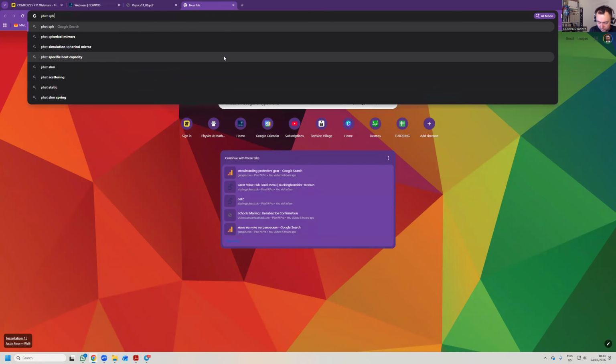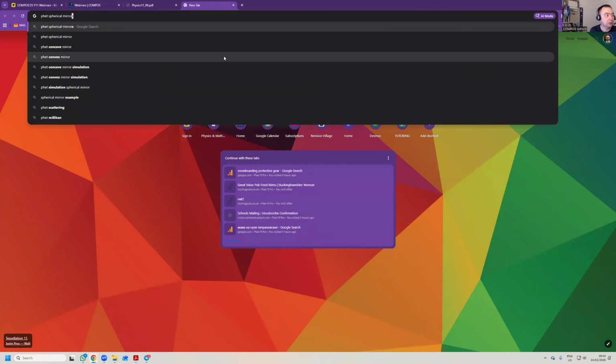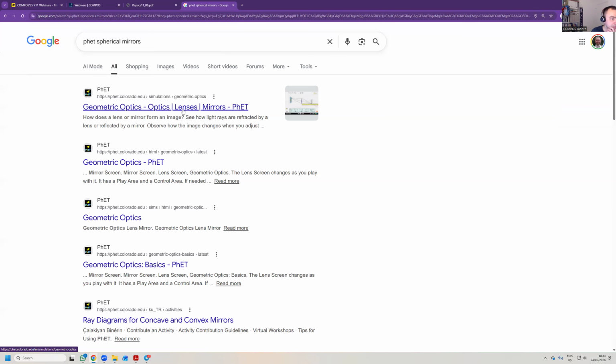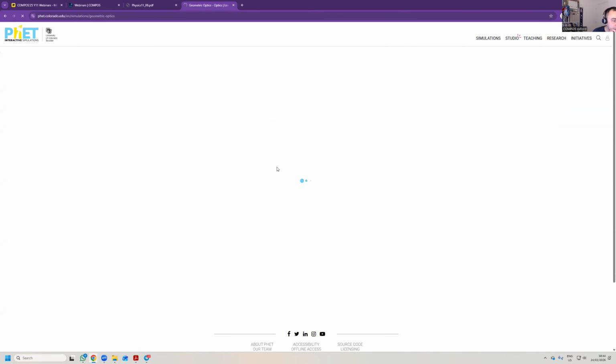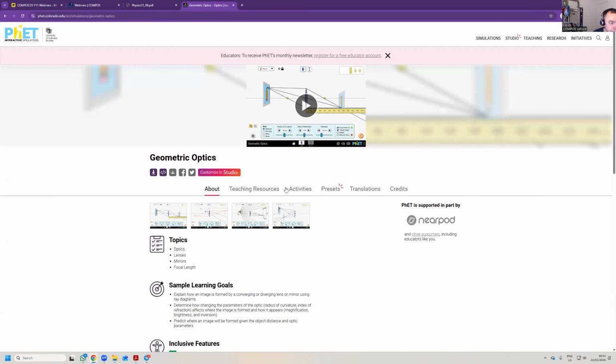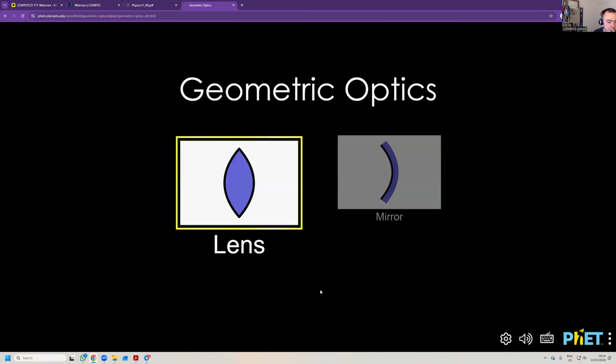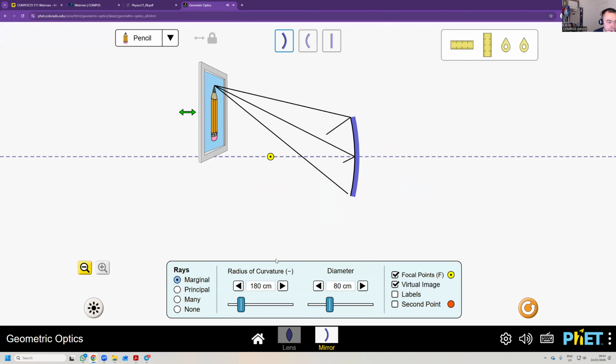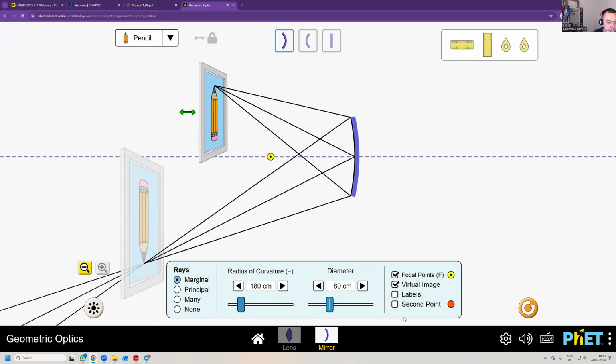Spherical mirror. Okay, we need a radius of curvature 70.